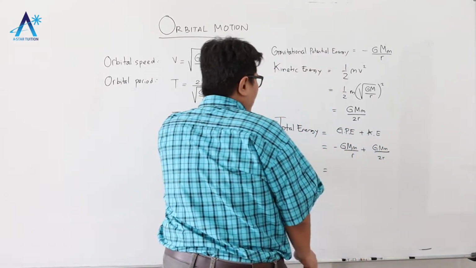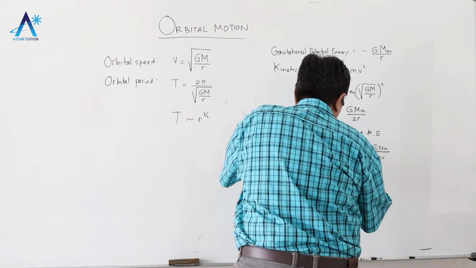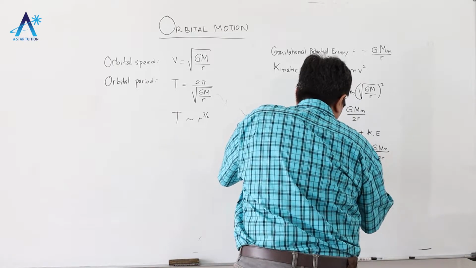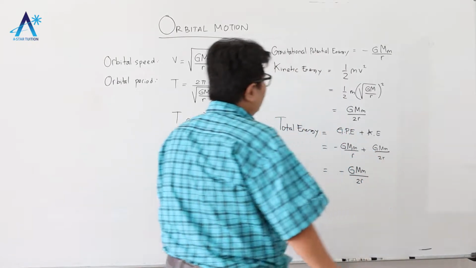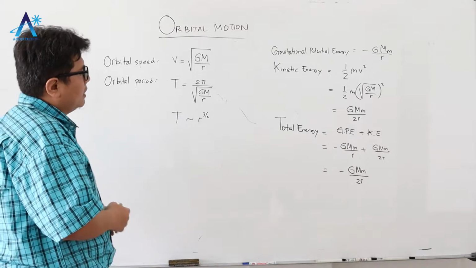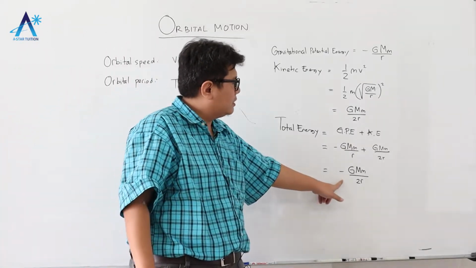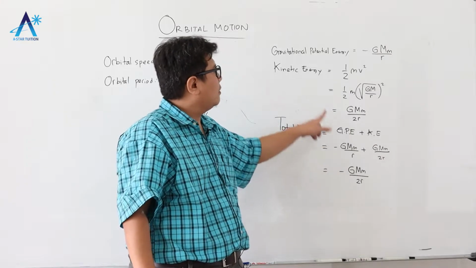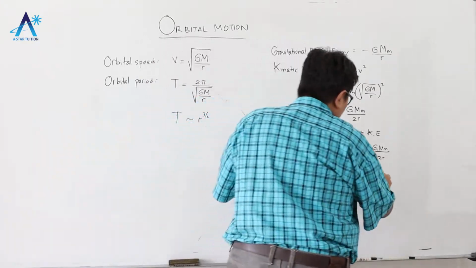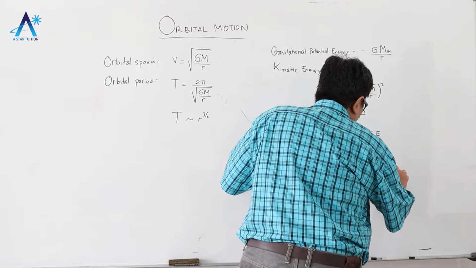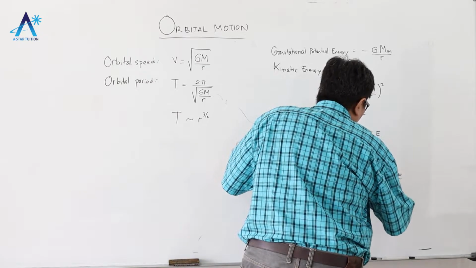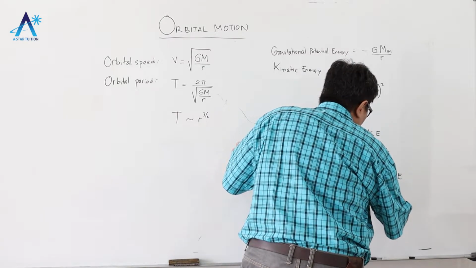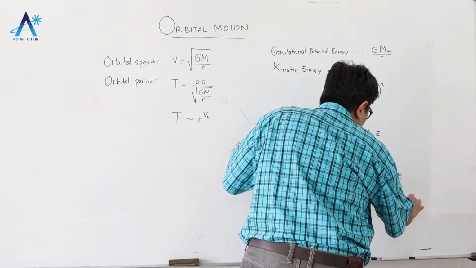If you simplify the expression, it's going to give you minus GMm over 2r. So this total energy is equal to that. Now you can see that this is the negative of the kinetic energy, or equal to half of the GPE.